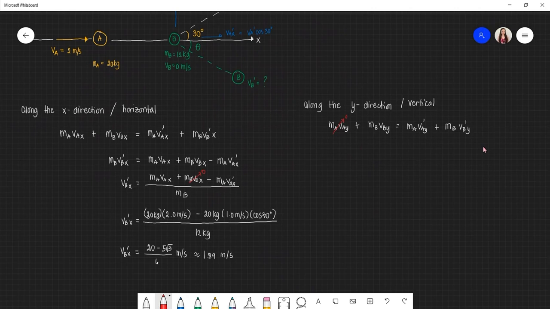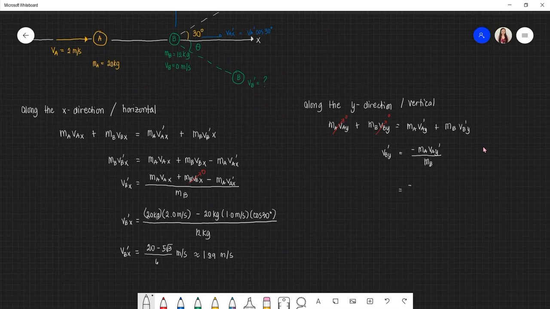And because ball B is initially at rest, MB VBY is also 0. Therefore, the y component of the final velocity is equal to negative MA VA prime y over MB.